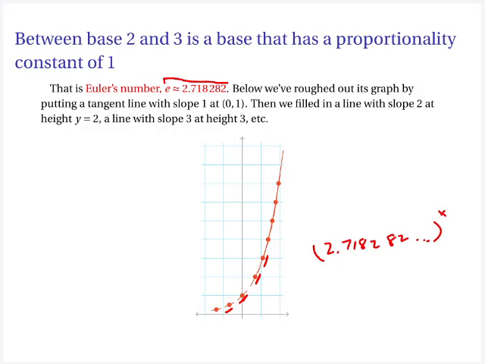So it's an exponential function, and it has the property that its rate of change, f of x's rate of change, is equal to the height: slope of 1 at height 1, slope of 2 at height 2, slope of 3 at height 3. The rate of change equals the height. Okay, the rate of change equals the value.